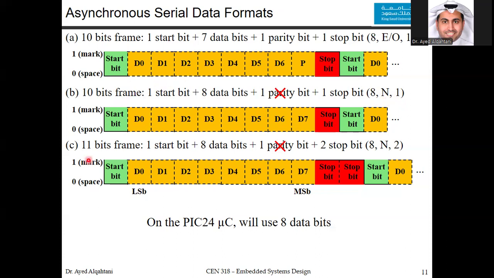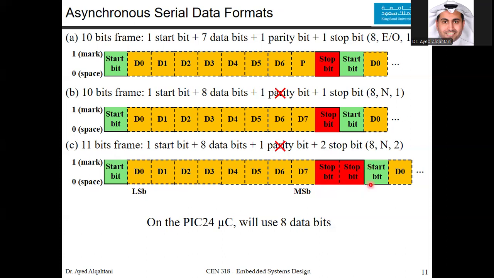We also have the 11-bit frame, and now we are adding one more bit. It has 1 start bit, 8 data bits, and no parity, but it needs 2 stop bits, to make sure that the stopping point is always read by the receiver. We give the 11-bit frame more guard at the end to make sure that you read it in case this wire is affected by noise or things like this.